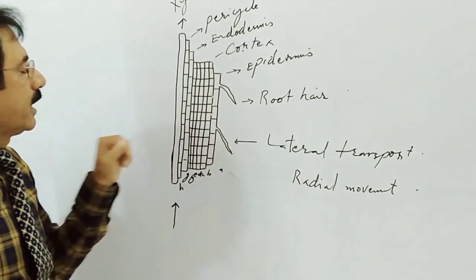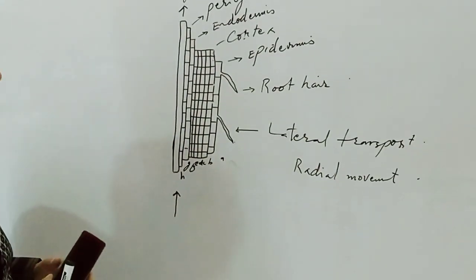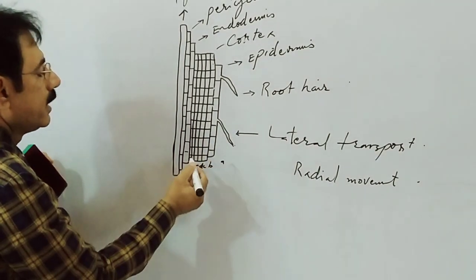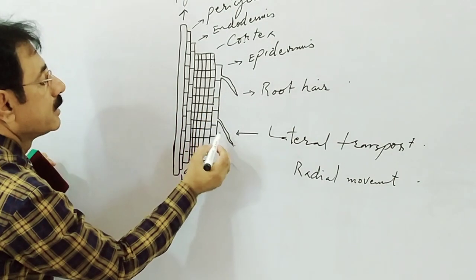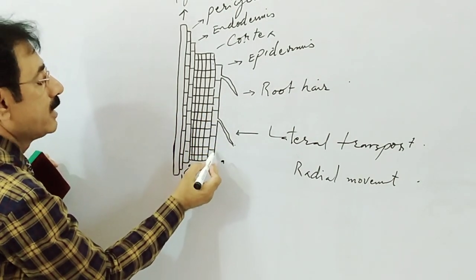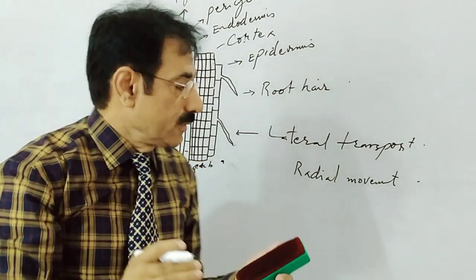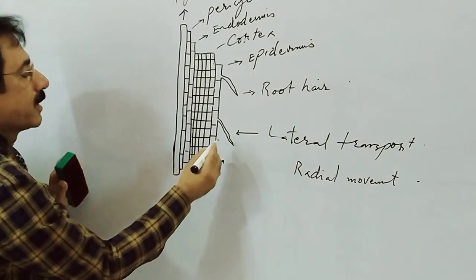The mechanism involved in the movement of water through these cellular layers begins with the first cell, the root hair, and the epidermal cells, which are in direct, close touch with the water contents of the soil. Now what happens?